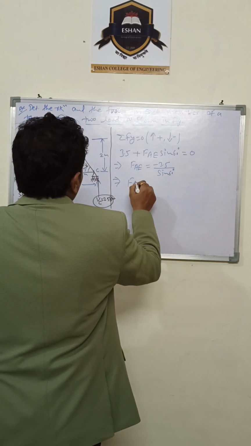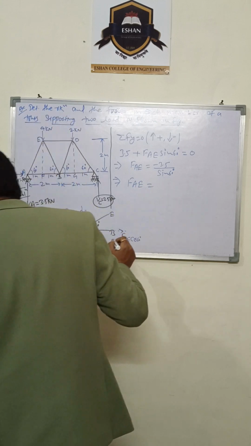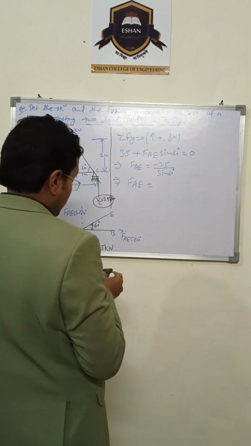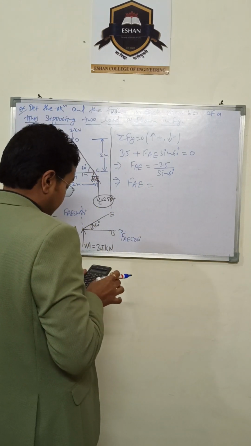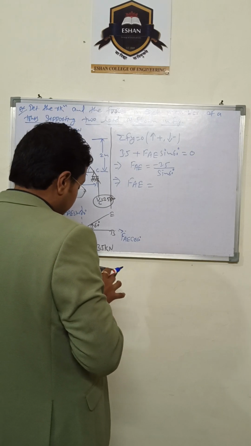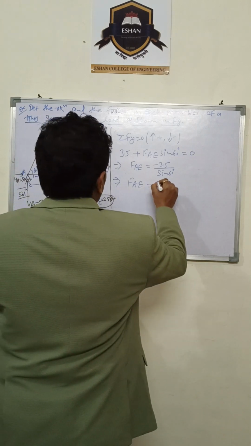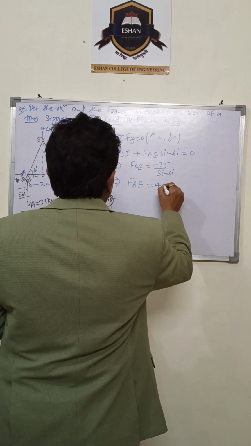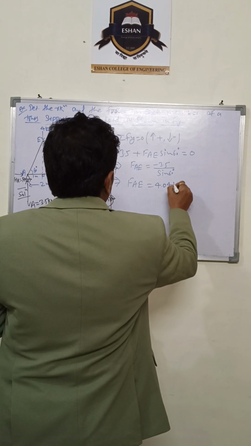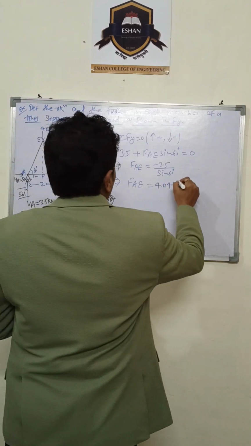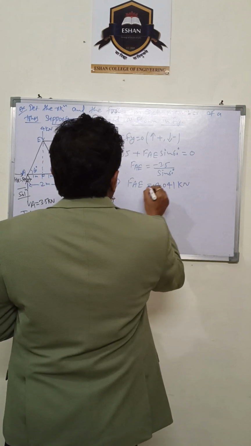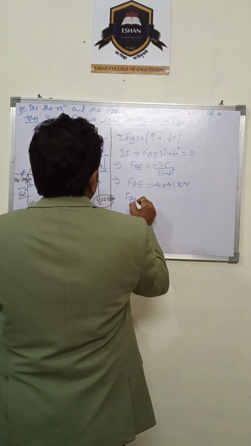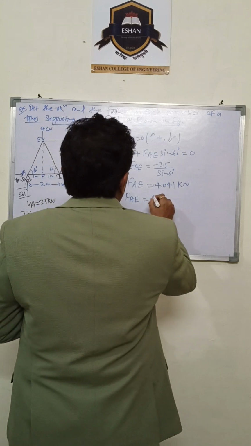Calculate the value: FAE equal to 4.041 kilonewton negative. The negative sign indicates the member is in compression.